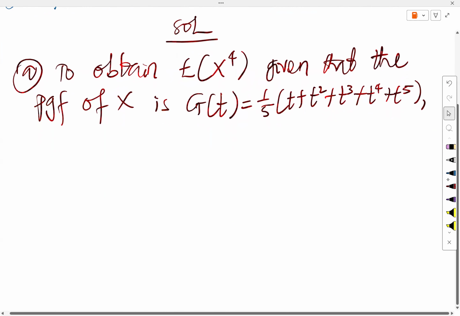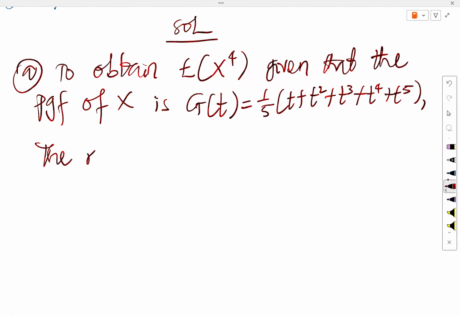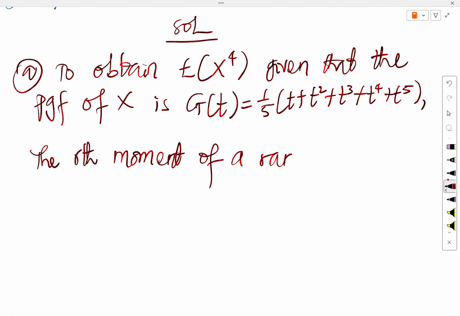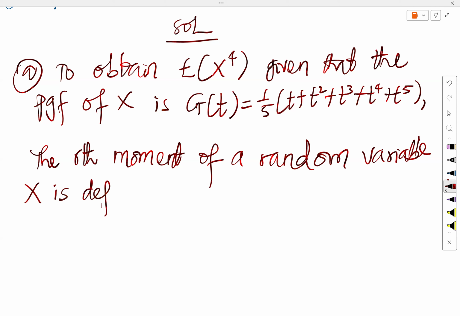So one thing you need to understand is that the rth moment of a random variable, like x is a random variable, right? So the rth moment of a random variable x is defined as the expectation of x raised to power r.